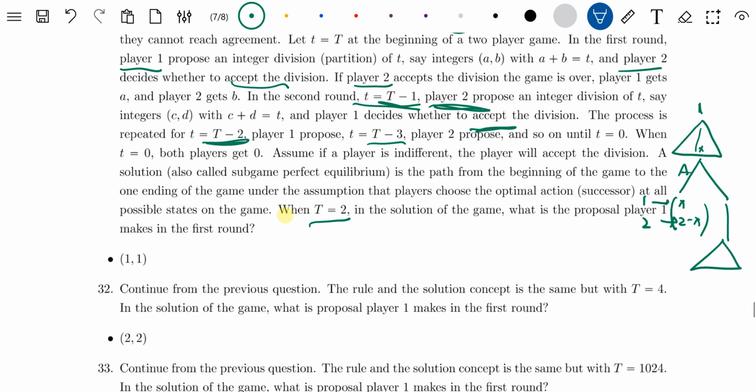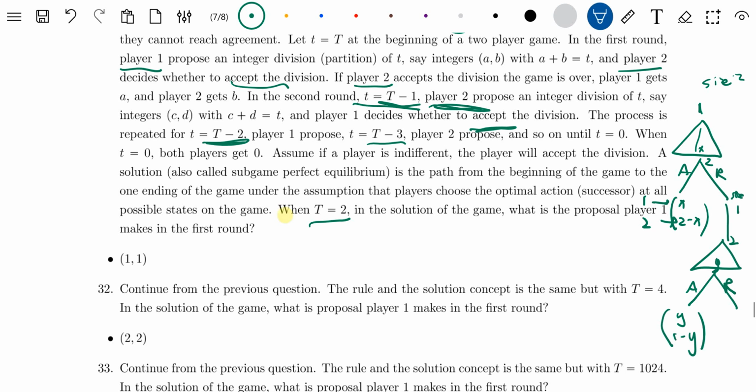The decision is made by 2, who can accept or reject. If it's rejected, suppose the proposal is y and 1 minus y. Since the size at the beginning is 2, here the size becomes 1, so the total is 1.